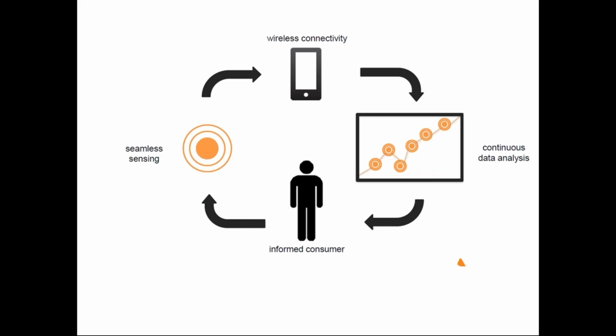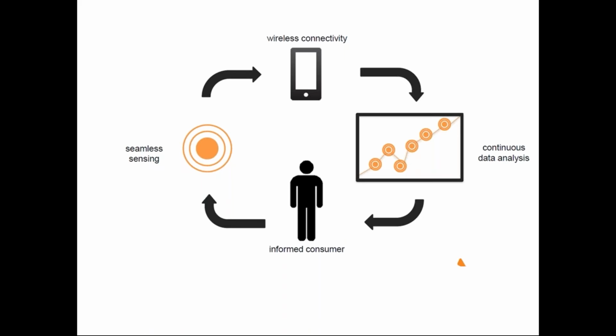So there is a consumer. On the consumer, there are sensors which are continuously monitoring. That is, it is seamless sensing. From seamless sensing, we need a connectivity which shall go to wireless connectivity, and there should be a continuous data analysis.